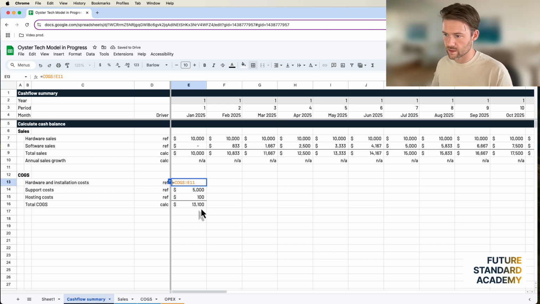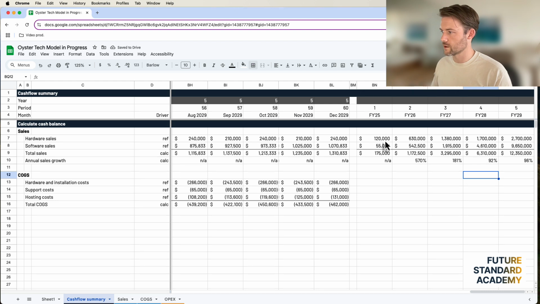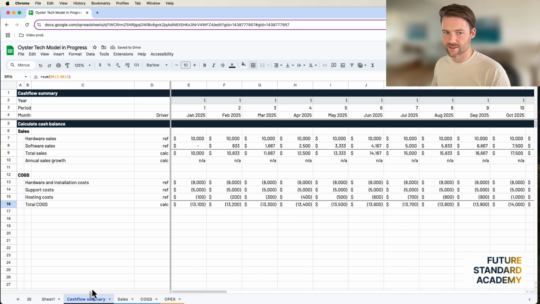I'm actually going to make these negative now just so we can keep track of what's cost and what's an inflow. I'm going to do this as quick as I can because I don't want to spend a lot of time making you watch me do calculations. So that's cost of goods sold, and then we come to our gross margins.